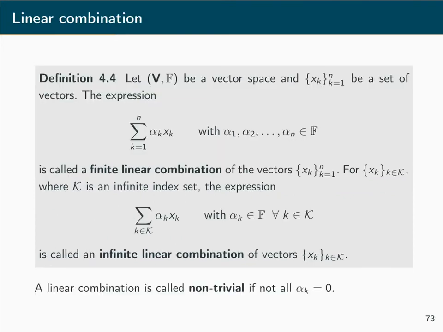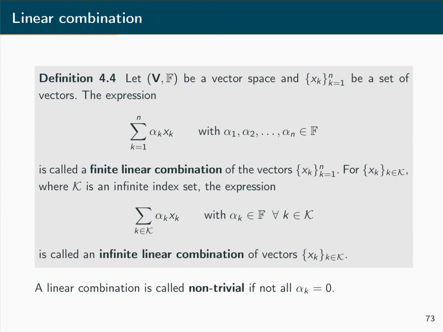Now we have defined what's a field and what's a vector space over a field, and we have seen several examples of vector spaces and new classes of vector spaces, such as sequence spaces and function spaces. Next, we define a very fundamental concept for vector spaces, and that's a linear combination and linear independence.